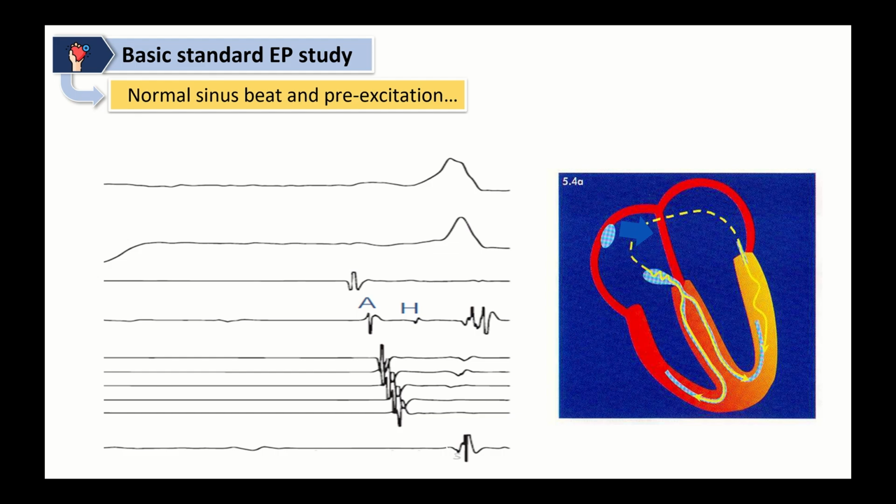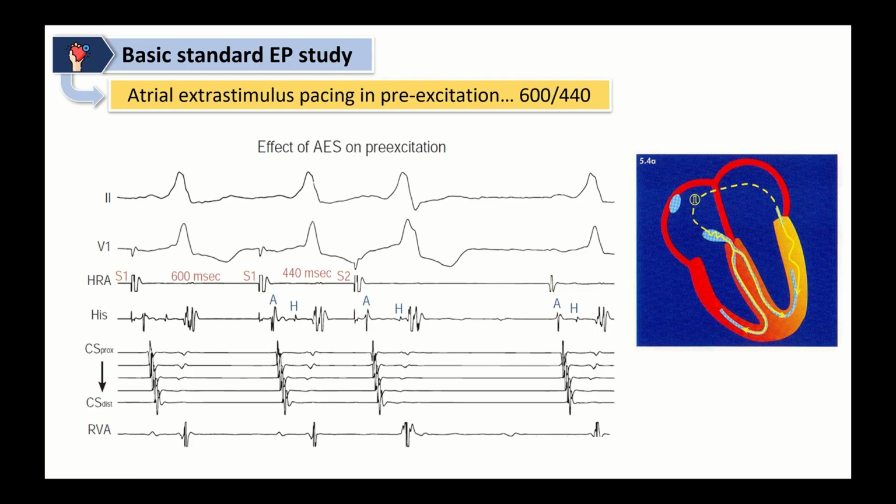Here we can appreciate that when we give an atrial extrastimulus, or in a normal sinus beat, the accessory pathway has antegrade conduction, so there is a pre-excited QRS complex, ventricular pre-excitation. What about the HV interval? It becomes very short because of the accessory pathway.